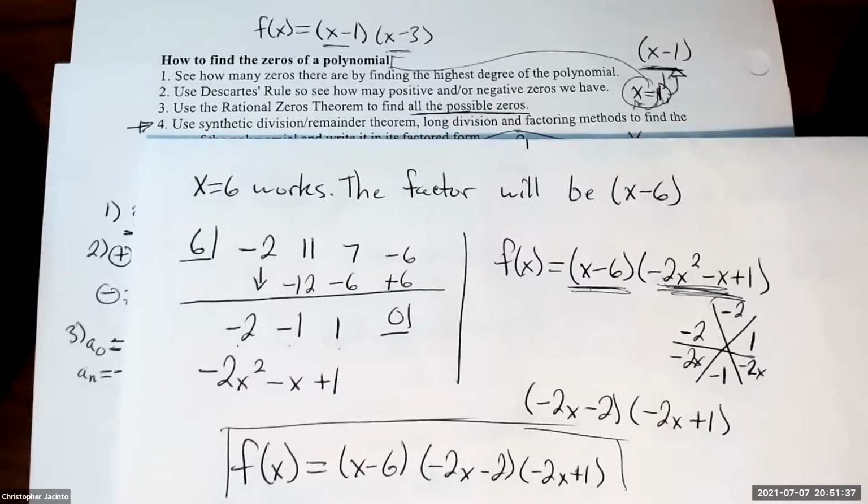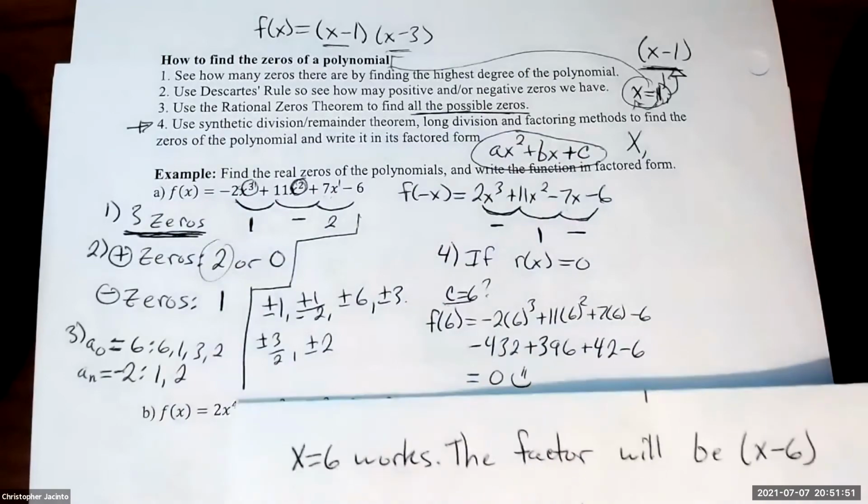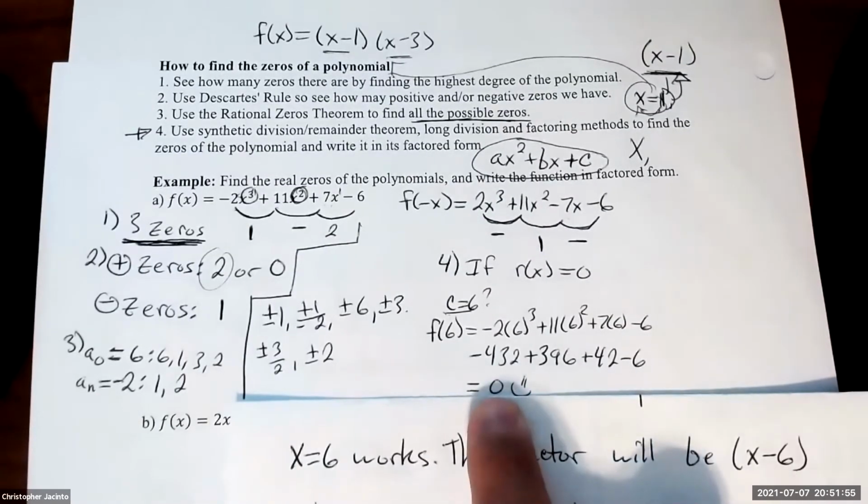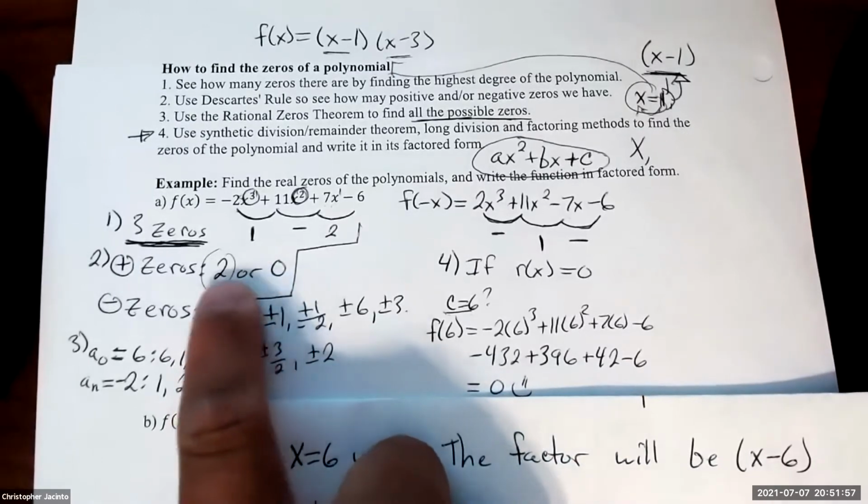Is there any other shortcut other than doing all that? Nope, unfortunately not. I guess the only shortcut you could do is, let's suppose, so we got 6, right? So we know that's true. So we know we have at least one more that's positive.